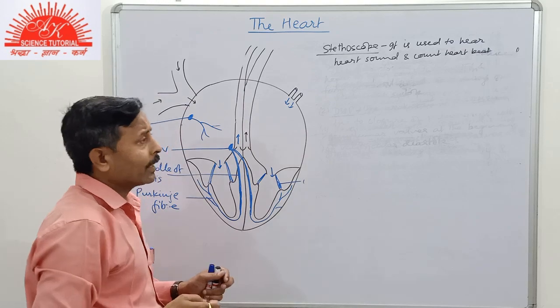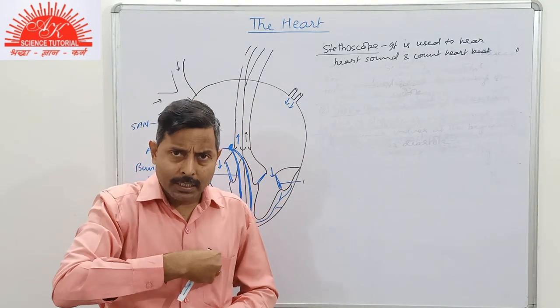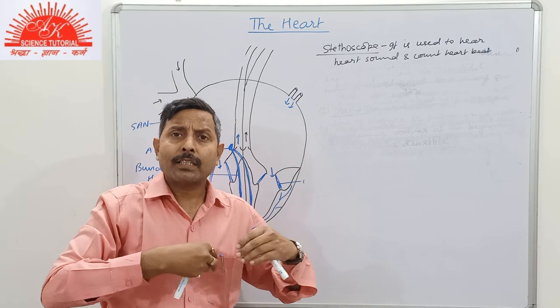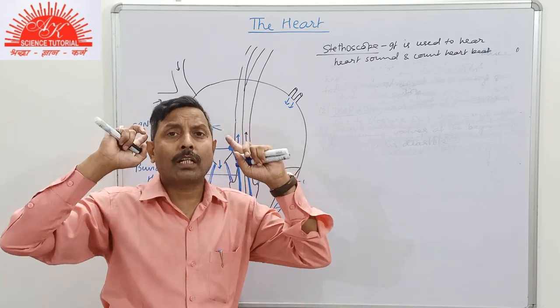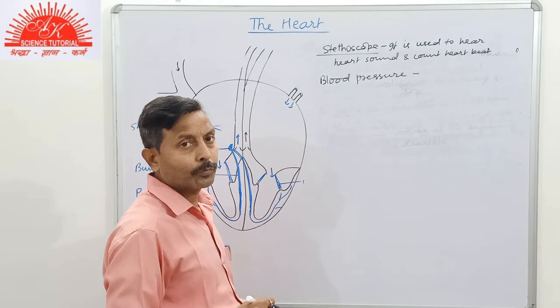Actually, in a stethoscope, there is a diaphragm which is placed on the chest. It vibrates and amplifies the vibration such that a loud and clear sound is heard by the doctor.